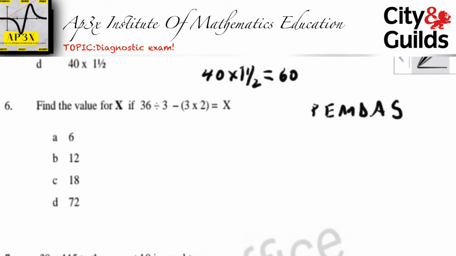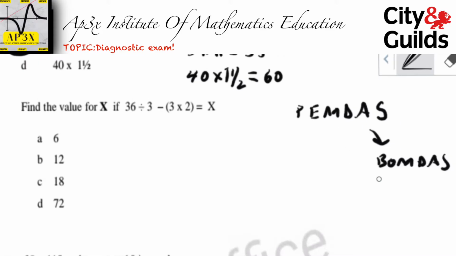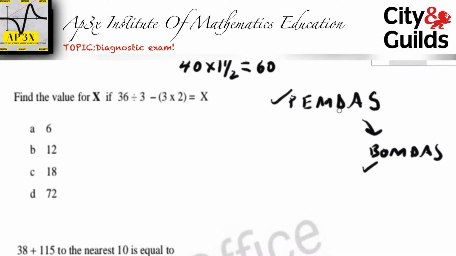A lot of you guys are more familiar with BOMDAS, where we know that we're going to be working out what is in the bracket first, or the parentheses, followed by exponents, followed by multiplication or division, then addition or subtraction. So we have a parentheses here.